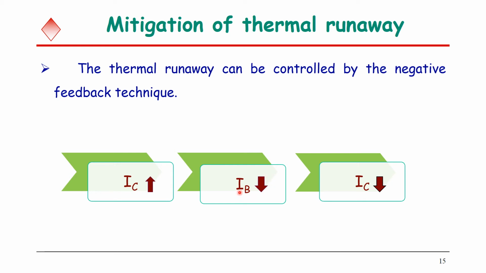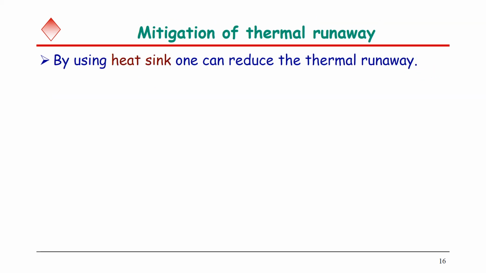If the magnitude of IB decreases, according to the current relation IC equals beta IB, IC also decreases to the same extent as the increase in IC. Thereby, the increase in IC is compensated by this negative feedback technique.